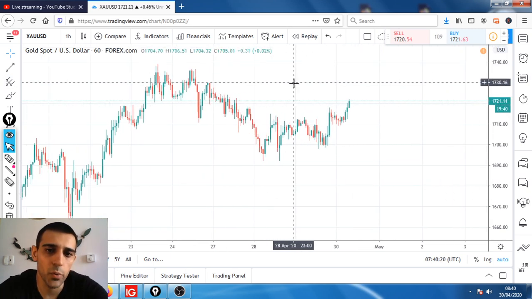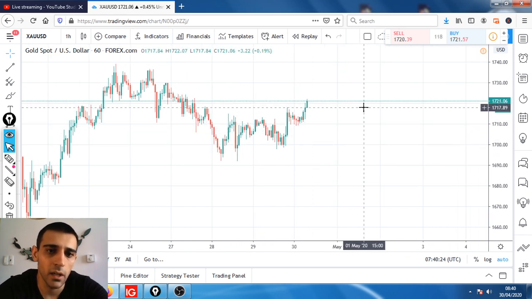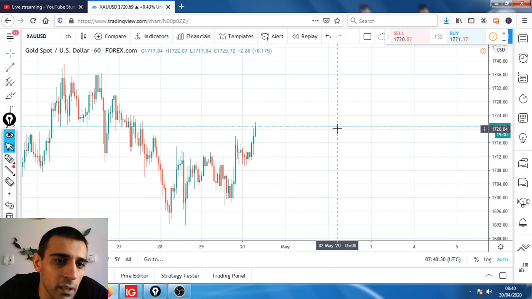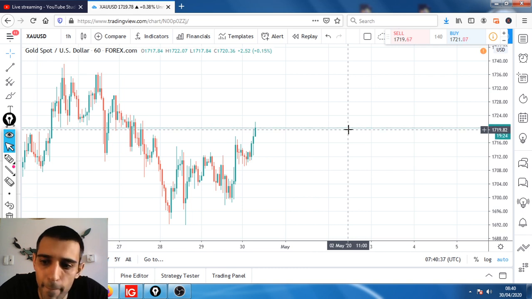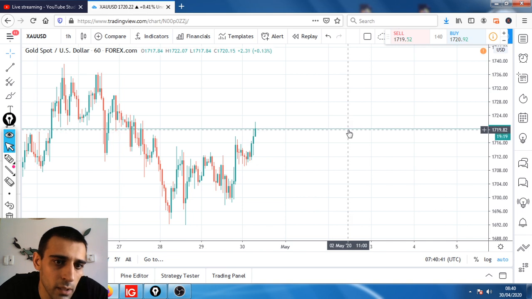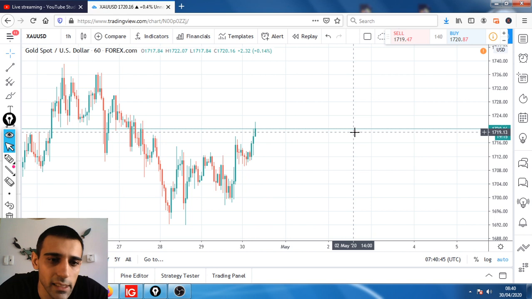We definitely need a retracement on this one, especially if we're going to target the 1730 zone, because we need to get the risk reward. Now let's go to the hourly. Okay, so we still have 20 minutes before this candle closes, and the price is coming in halfway now.